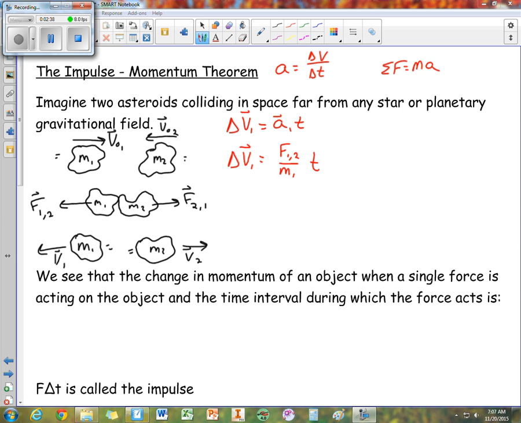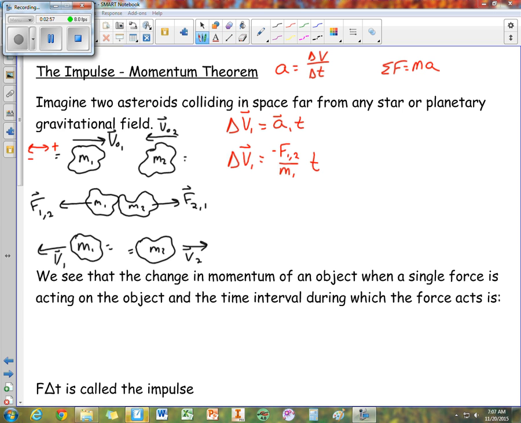Now I do need to put a negative sign, and there's a reason. Looking at my diagram, I'm going to say that everything to the right is positive and everything to the left is negative, just like the regular Cartesian coordinate system. So we see that this F1,2 is pointing to the left, so it's a negative force.